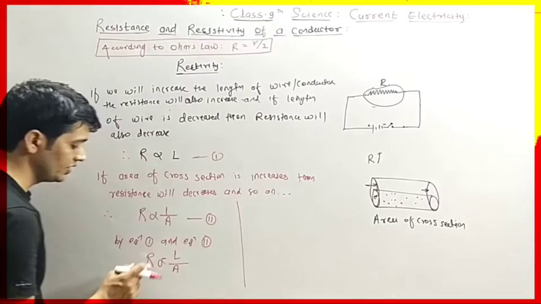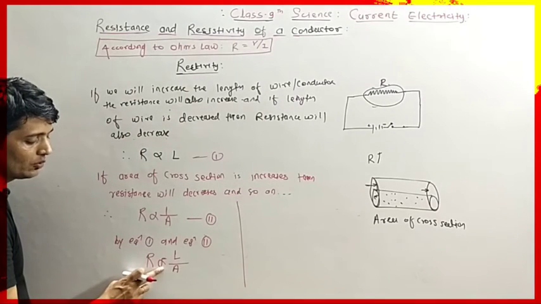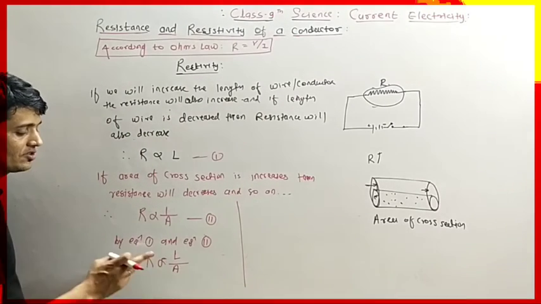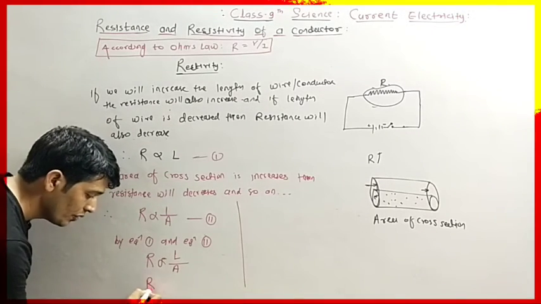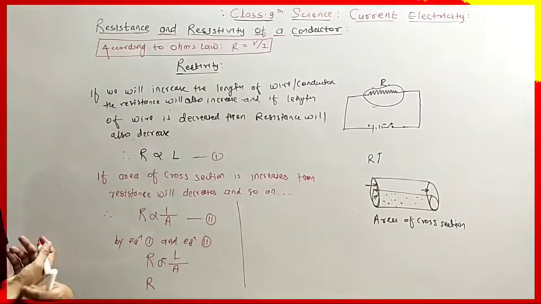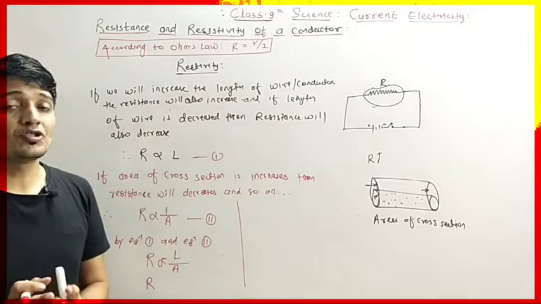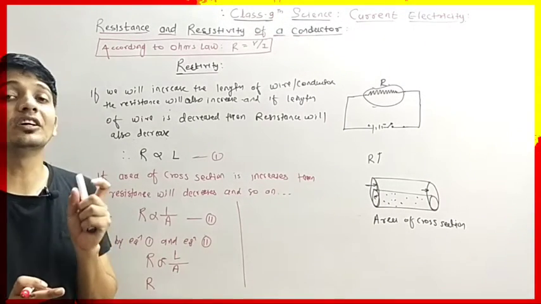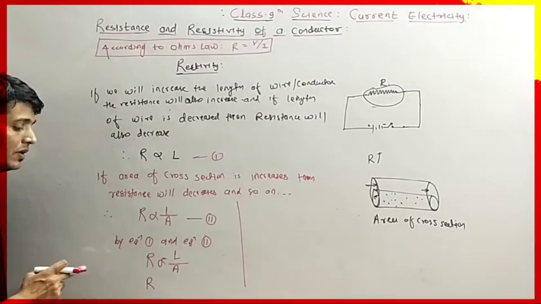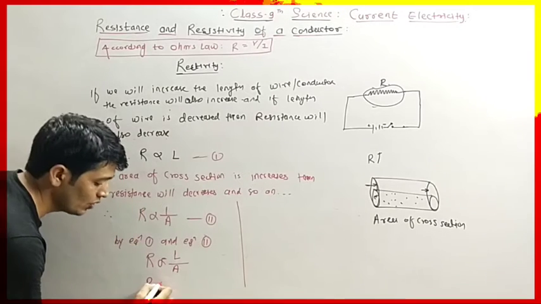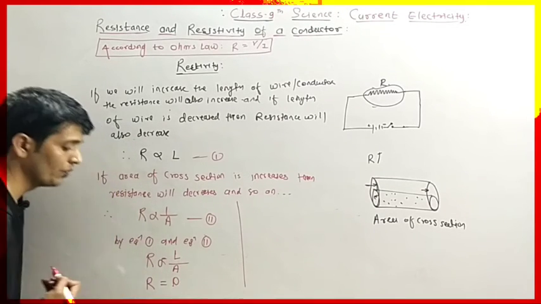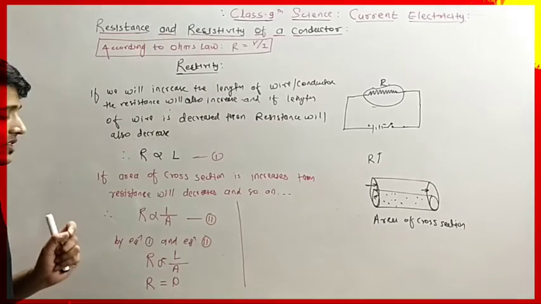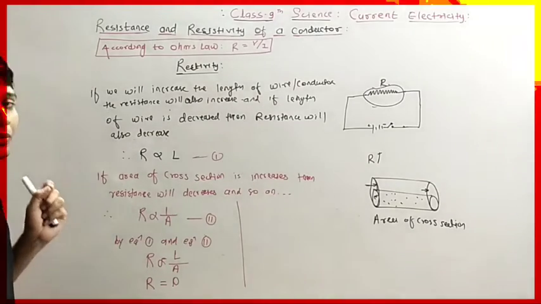Now we have to convert this proportional sign into equals. Whenever we change the proportional sign to an equal sign, we multiply with a constant. So R equals rho, the constant, which is the symbol rho. It is the resistivity of the material.